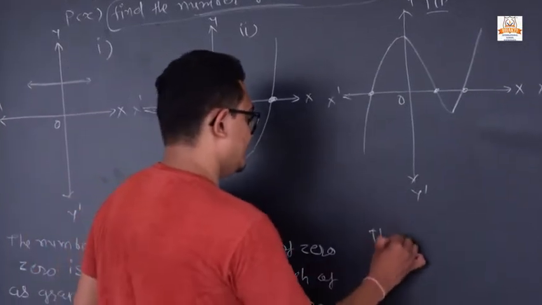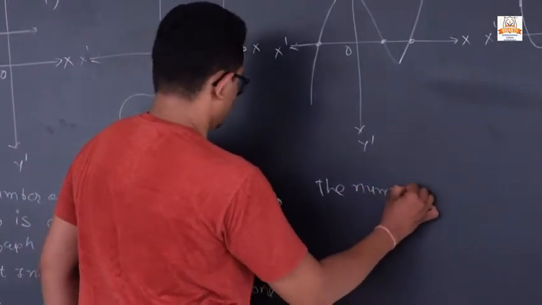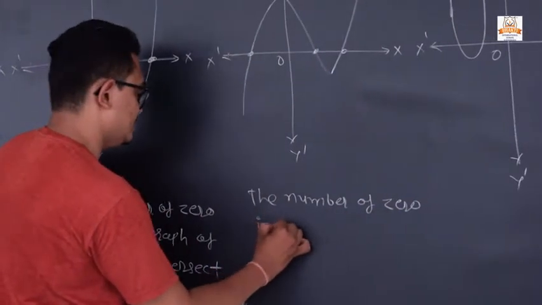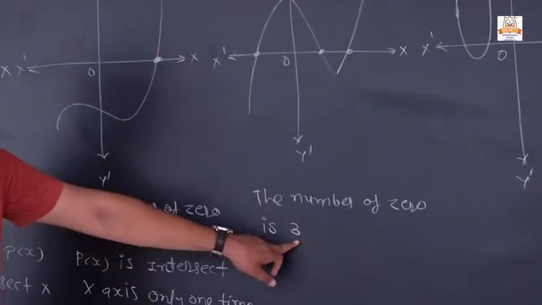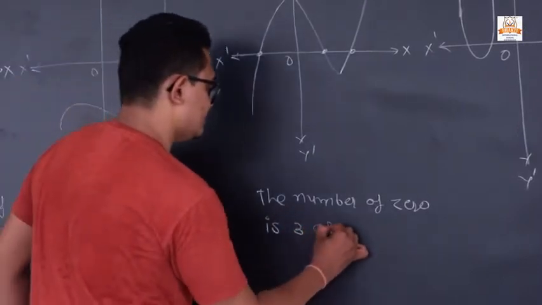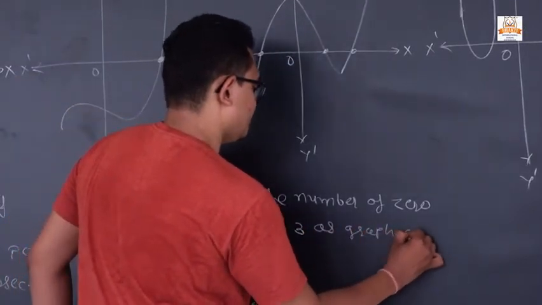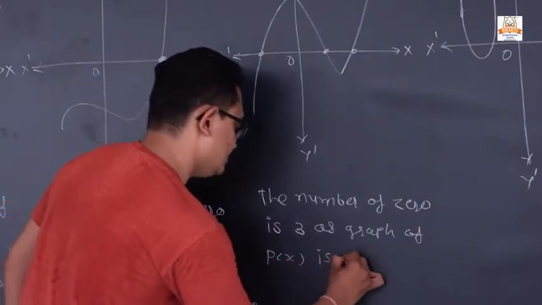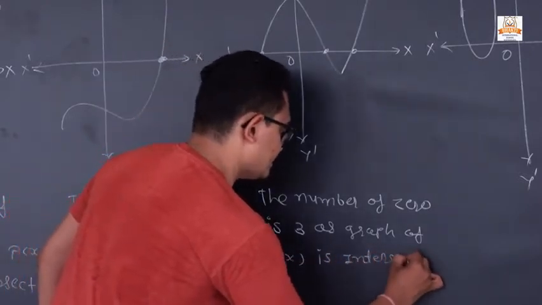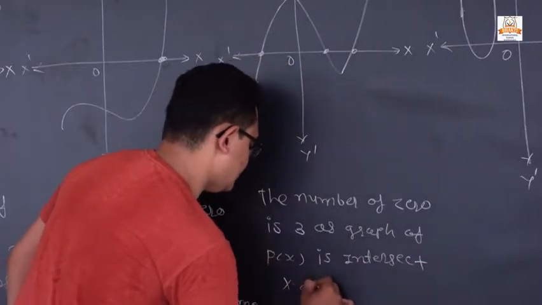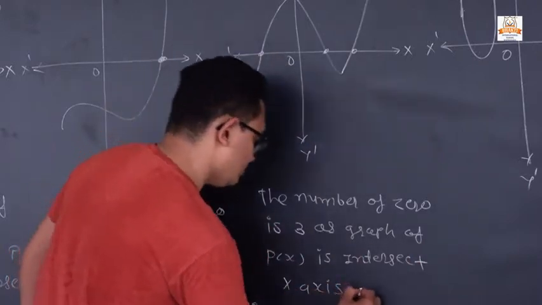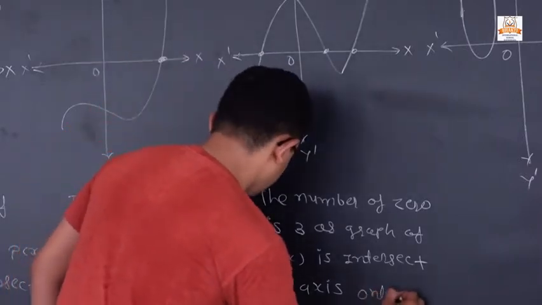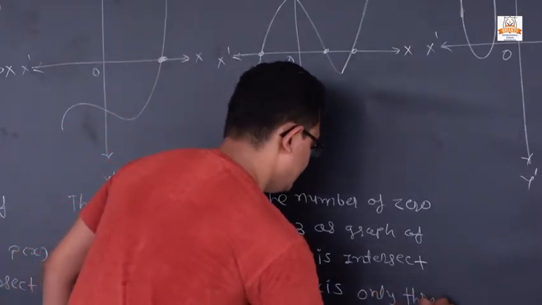We can write here the number of zeros is 3, as the graph of p of x intersects the x-axis only 3 times.